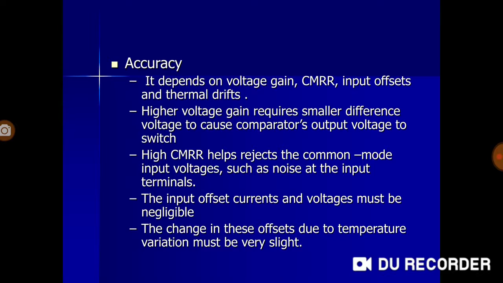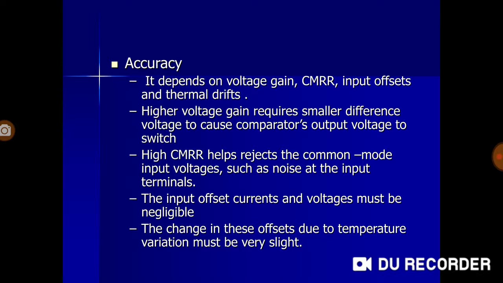And the last one is thermal drifts. Thermal drift usually means temperature variations. The effects of temperature usually affect the offset currents and voltages. So if the temperature variation is very slight, and the change in input offset currents and voltages due to change in temperature is small or insignificant, only then we can say the output is accurate.